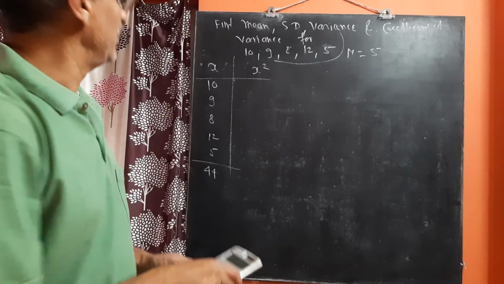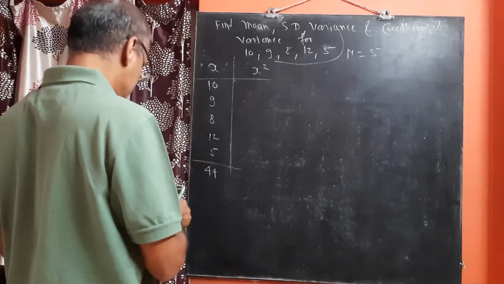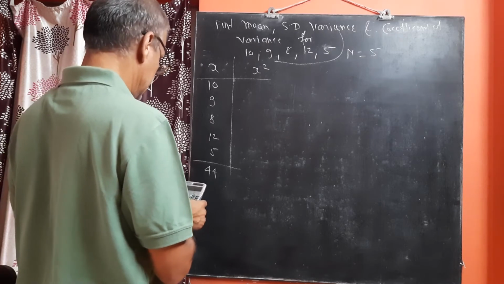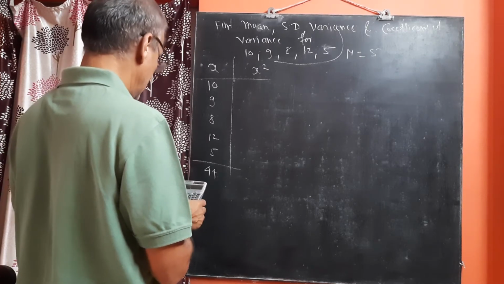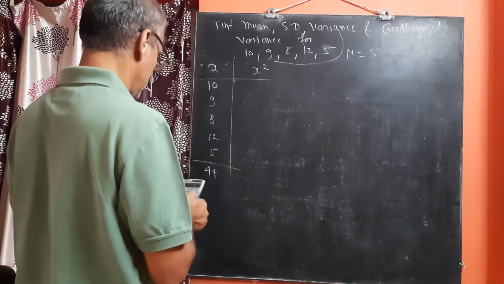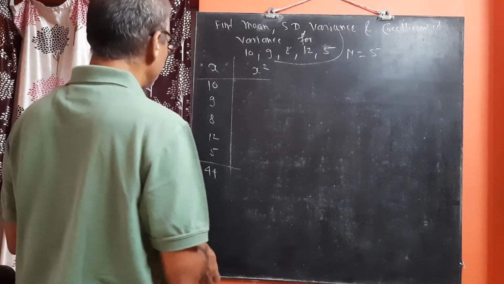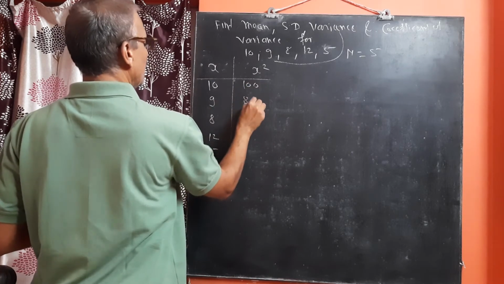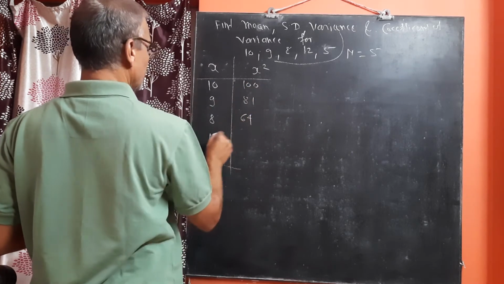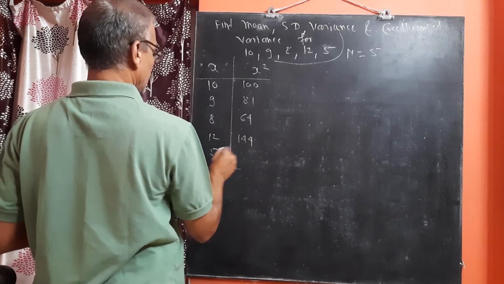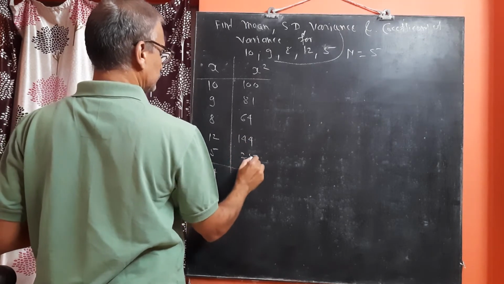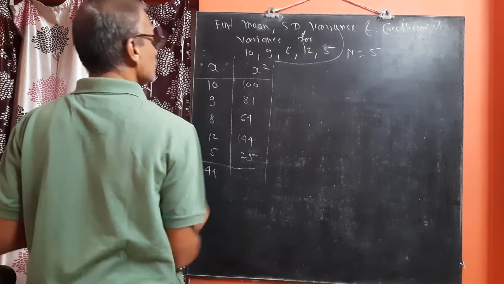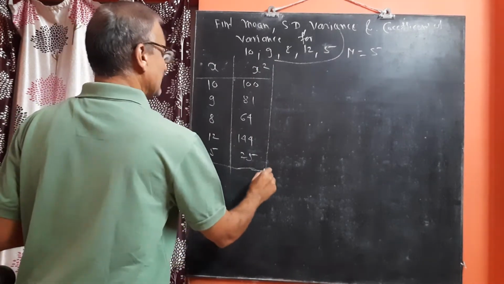Let us verify it again. What is the exact value? 10 plus 9 plus 8 plus 12 plus 5. That comes to 44. Then x square, that is 100, 81, 64, 144 and 25. So this is the value of x square.